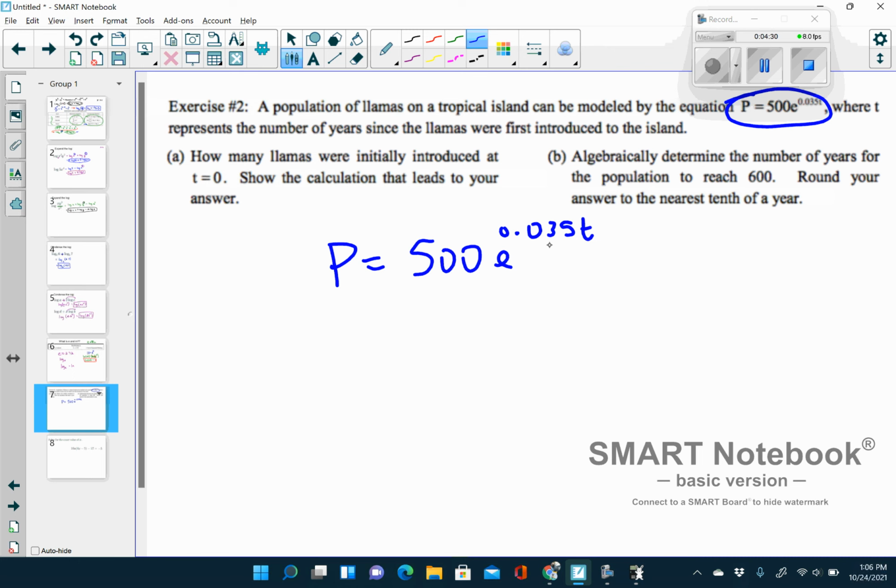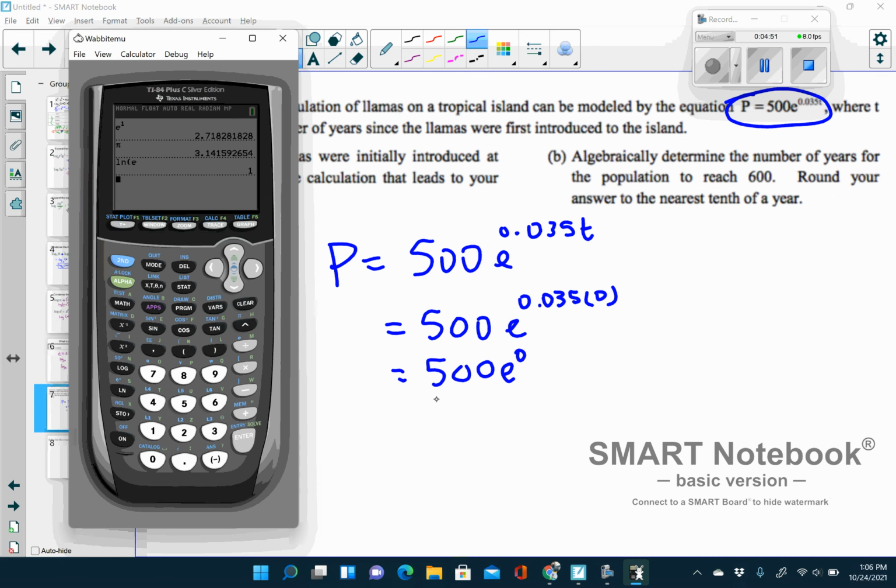So if I replace t with 0, I have 500 e to the 0.035 times 0. Anything times 0 is 0. So this is the same thing as 500 times e to the 0 power. So I'm going to put that into the calculator.